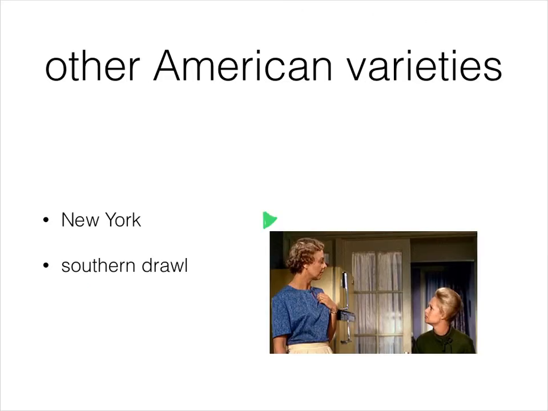We mentioned before some examples, the New York accent, for example, and if you think of the southern states like Texas and the southern states of the US, they have what they call the southern drawl, which means that some vowels tend to last longer. So there's like R sound, I can't do it, but you will notice in a moment.